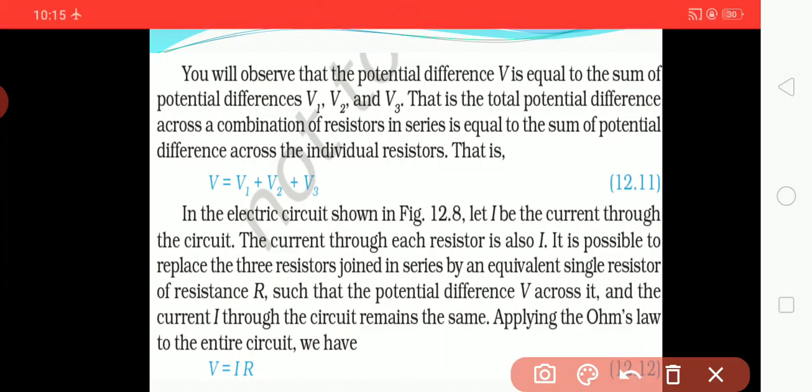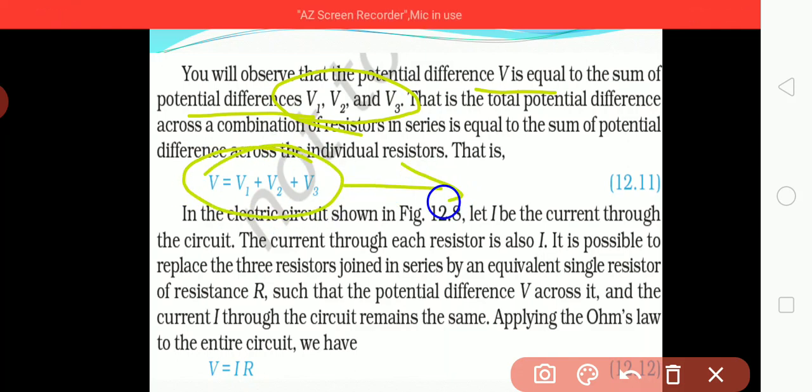You will observe that the potential difference V is equal to the sum of the potential differences V1, V2 and V3. If we want to find the total potential difference, it will be V1 plus V2 plus V3.